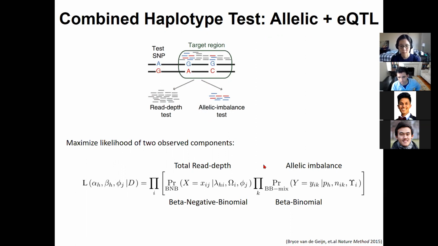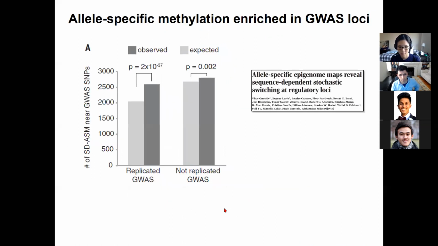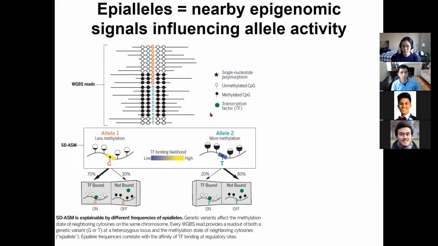You can have both the allelic imbalance component, using, for example, a beta binomial distribution based on your input parameters, and the total read depth for the QTL information, using a beta negative binomial. Using the two together allows you to further increase your power to discover, for example, GWAS replicated SNPs.